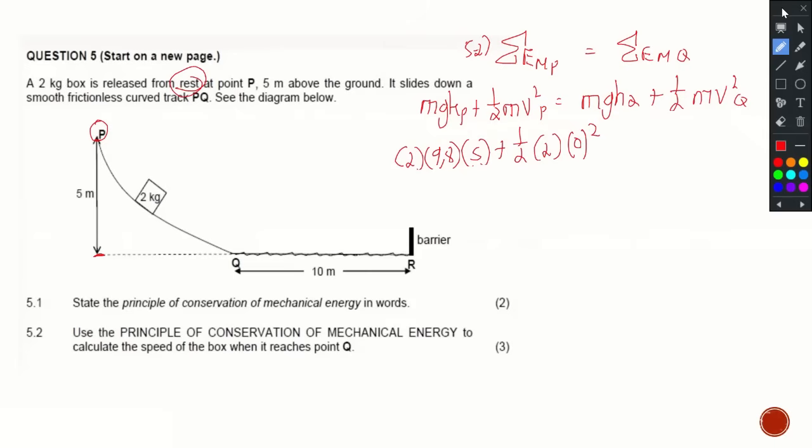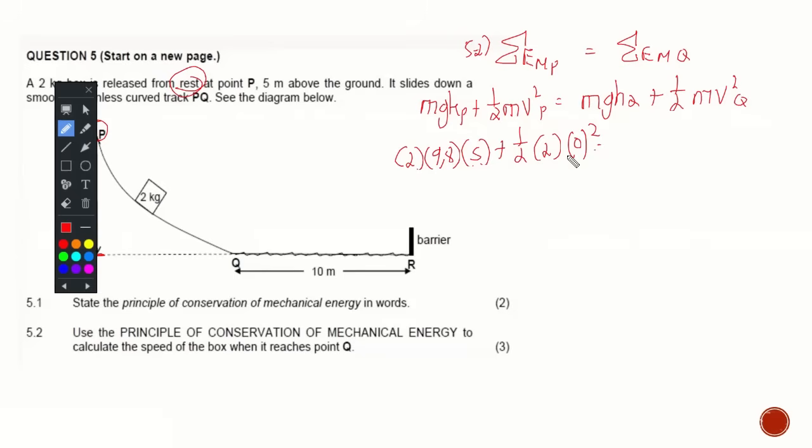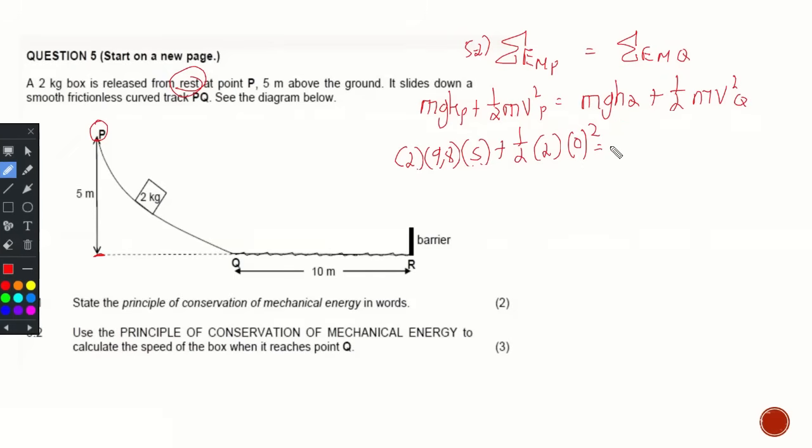Now we have m is 2 and 9.8, and the height at point Q above the ground. At this point it's on the ground, so the height is 0. Then half times 2, and remember, we are looking for the speed when it reaches point Q, so we have v squared Q.